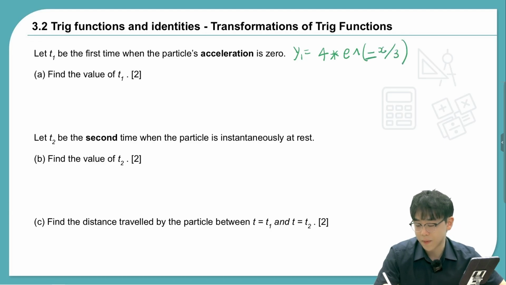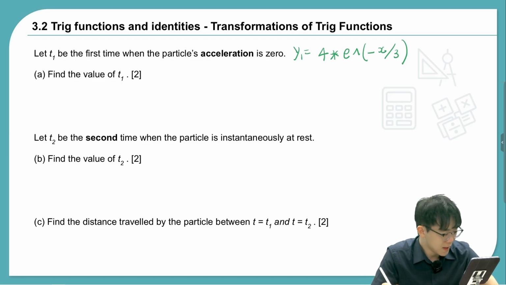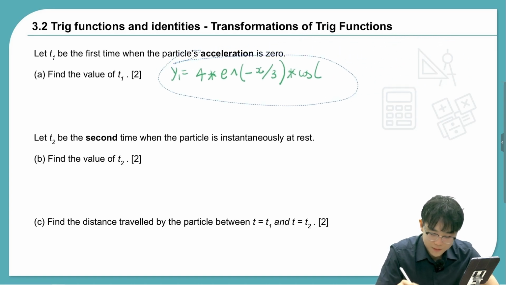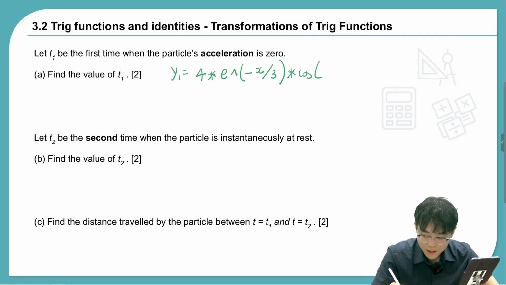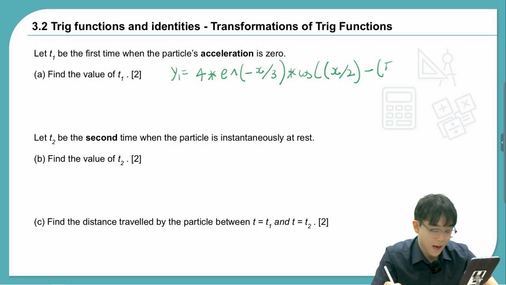And this negative sign would be the negative sign, not the minus. It's different. Then I would write a multiply sign again with cosine, and then put in brackets, and then we have x over 2 minus pi over 4. But I would add another bracket around x over 2, so that this is always evaluated first, minus pi over 4.